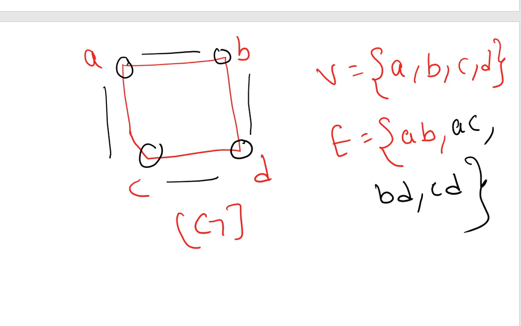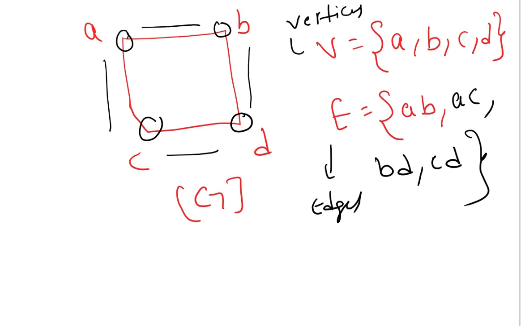These are all the vertices and edges. Vertices are represented this way, and edges are represented this way. So vertices and edges are clear.